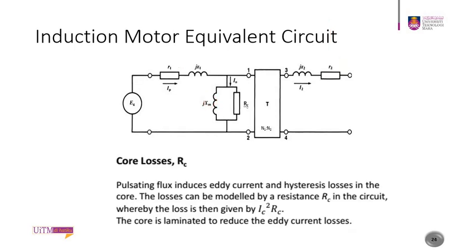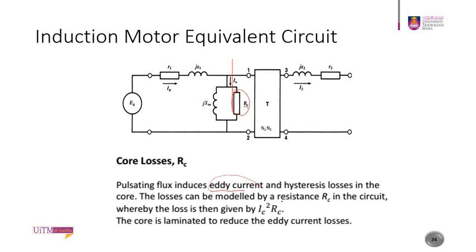Then we look into the core losses, RC. RC represents the core losses. A pulsating flux induces eddy current and hysteresis losses in the core, so it can be both. Although the core is laminated, you can still calculate the eddy current losses.